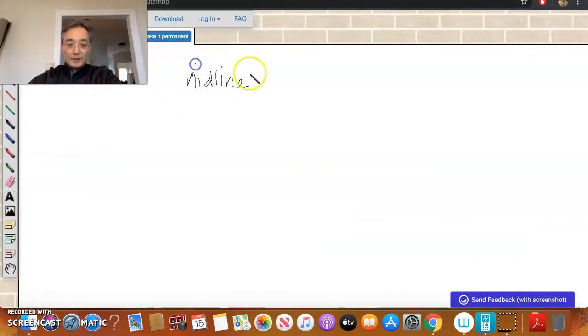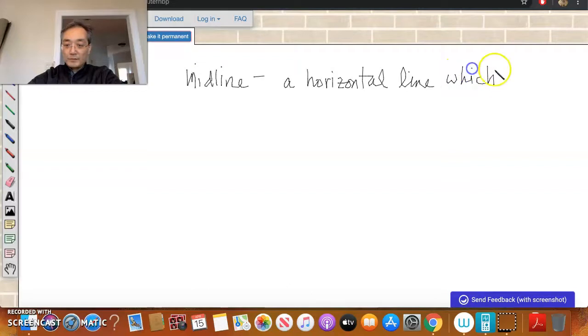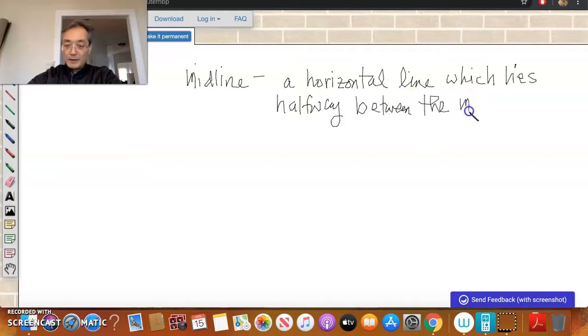The midline is a horizontal line which lies halfway between the max and min.